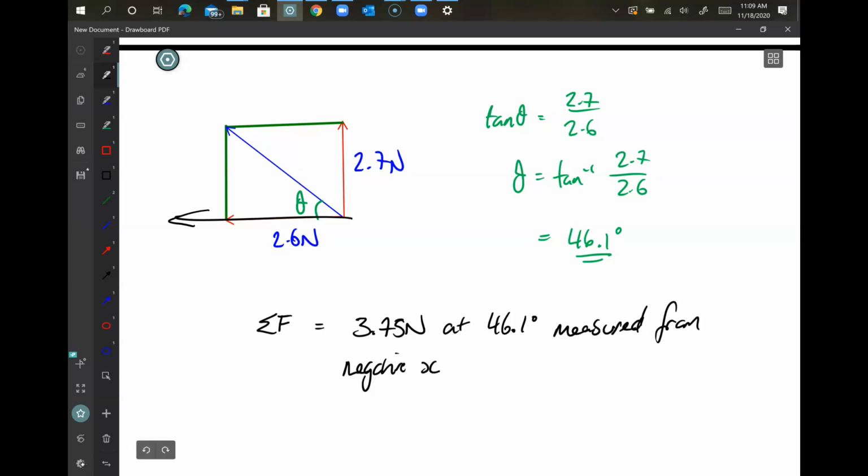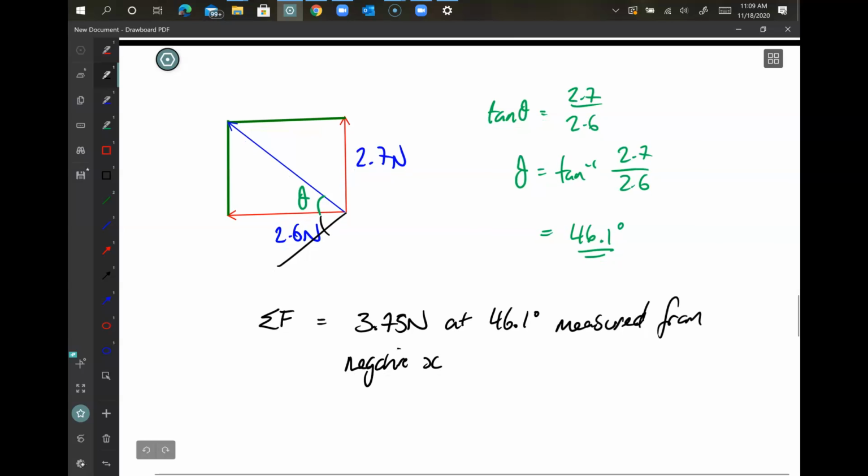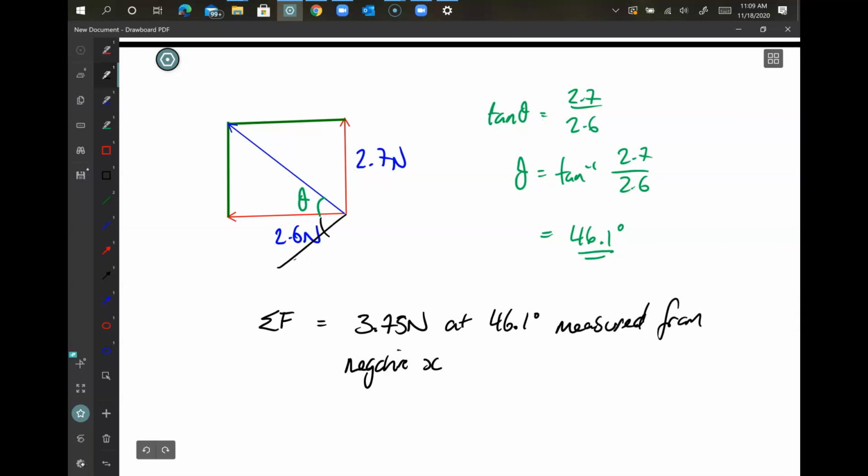Well, negative x is that direction. That's done. Don't need to say any more about that. However, that angle is also at 46.1 degrees from negative x. Which one do we mean? Do we mean the one below negative x or above negative x? And in this case, it is above.